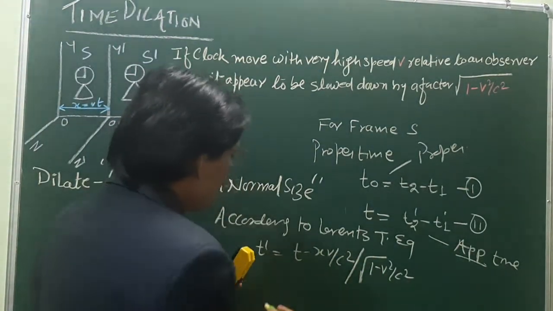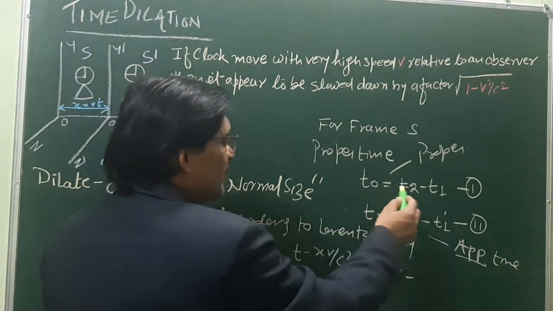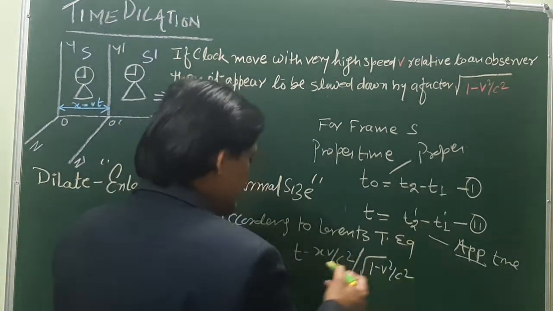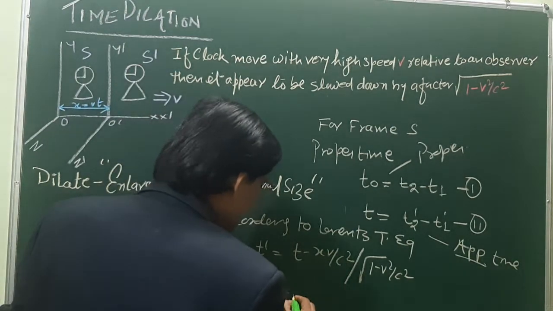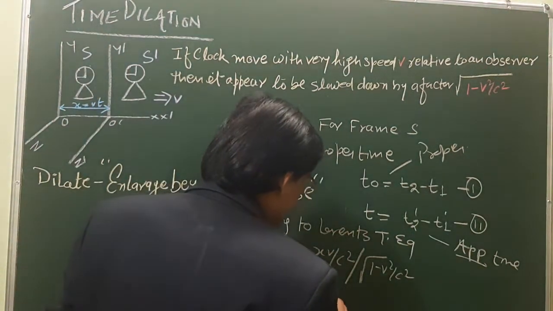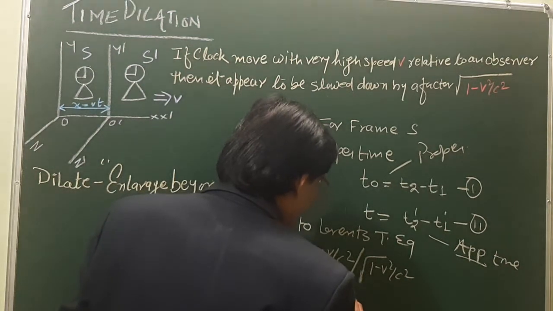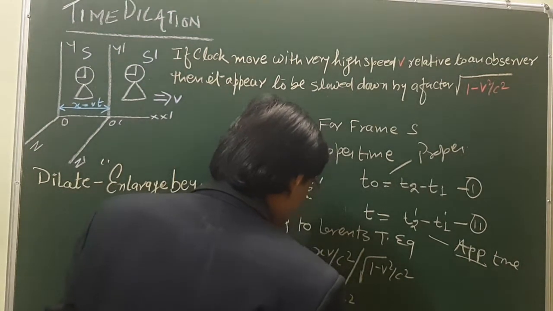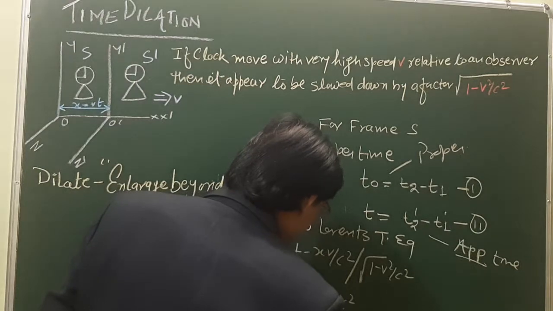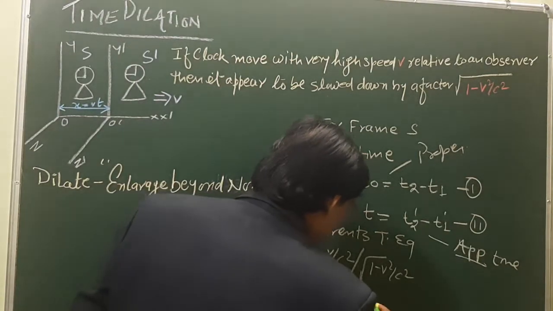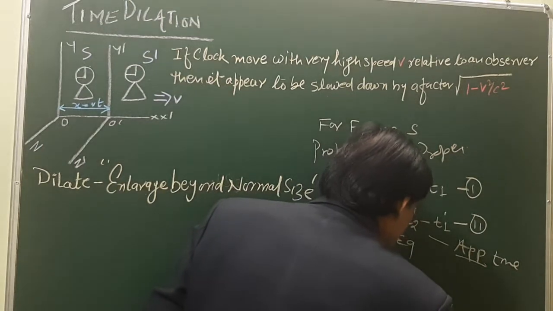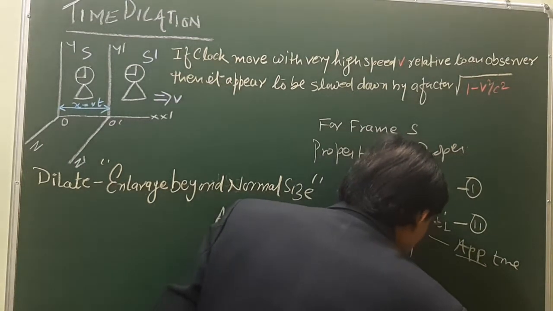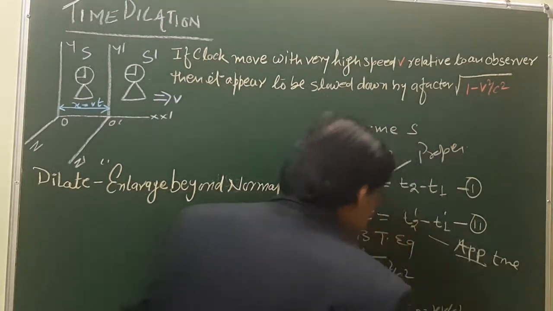So we will convert it as t1 dash equals t1 minus xv upon c square over under root 1 minus v square upon c square, and t2 dash equals t2 minus xv upon c square over under root 1 minus v square upon c square.